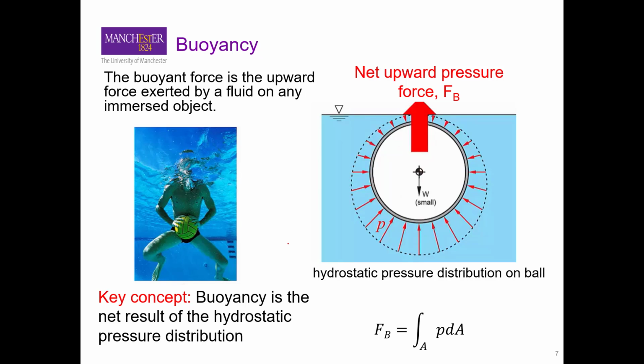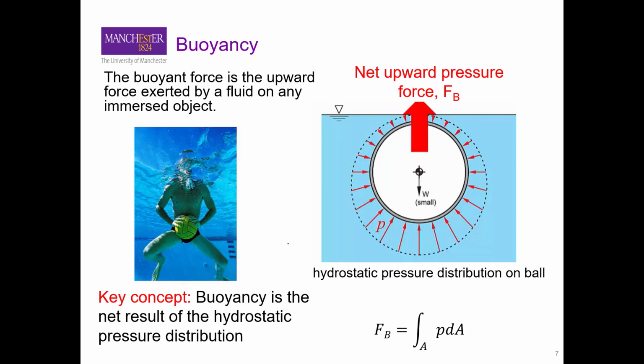You all might have experienced buoyancy if you ever tried in a pool, for example, to push a ball under the surface of water. You might have experienced an enormous force trying to push this ball out, and if you let this ball go, it just rockets out of the water.